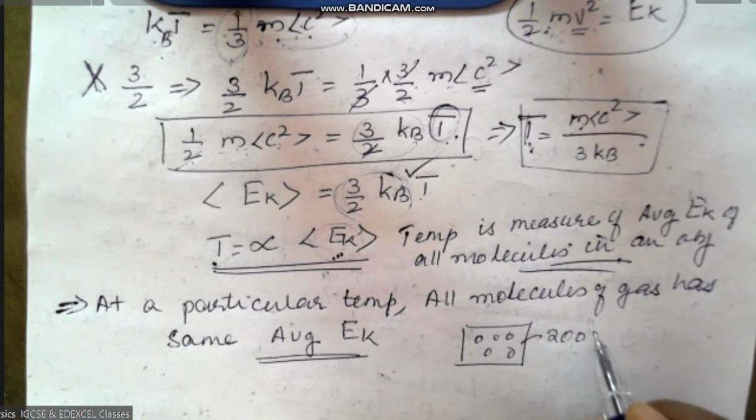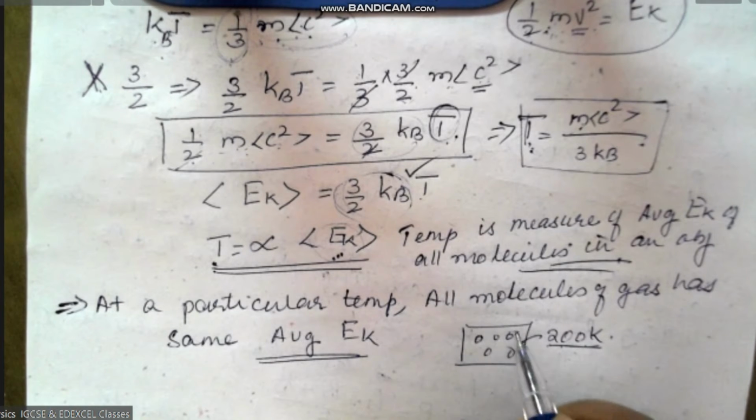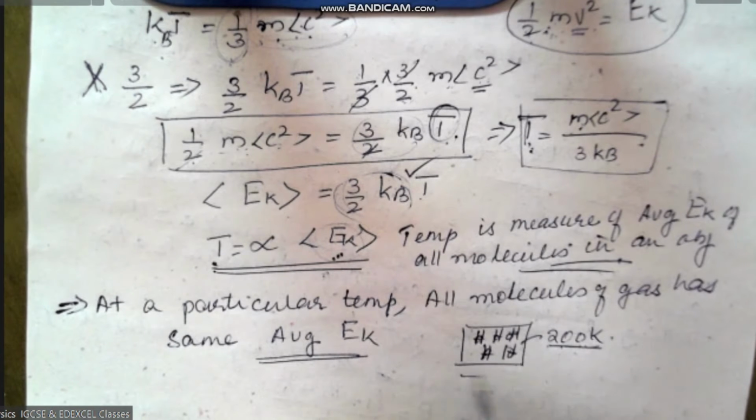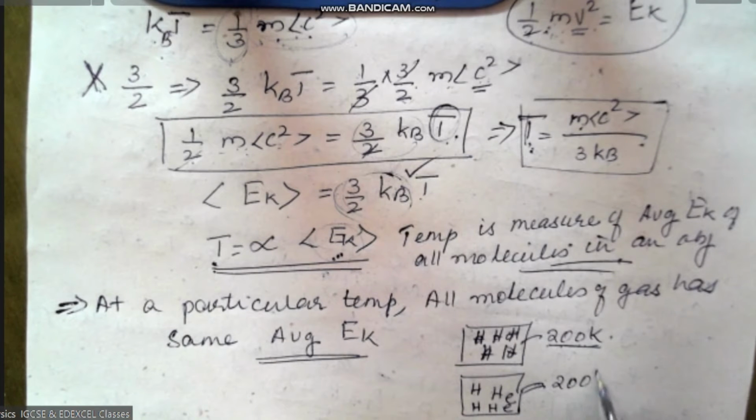But this has a problem. Assume that you have hydrogen molecules, all hydrogen molecules, at, say, 200 Kelvin. Now all of them are at 200 Kelvin. So what can you say? All hydrogen molecules have the same kinetic energy.